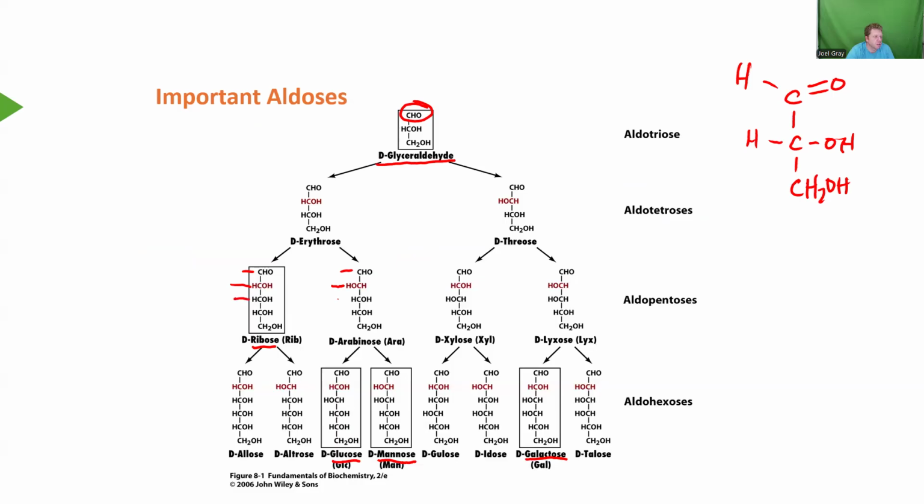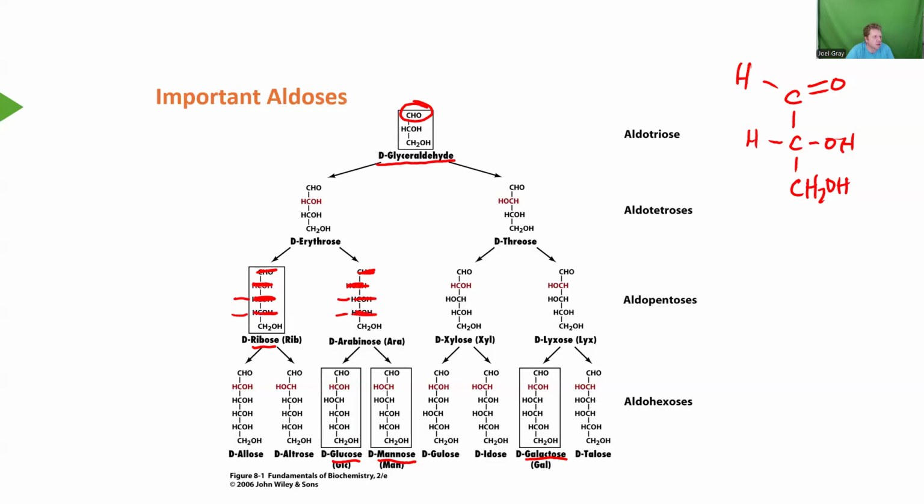Carbon 3, carbon 4. They both, or sorry, carbon 3 for both of them. I'm going to cross these both out so we can focus in. Well, they both show up as HCOH. Okay, those are the same. Then carbon 4, HCOH. Okay, those are the same.